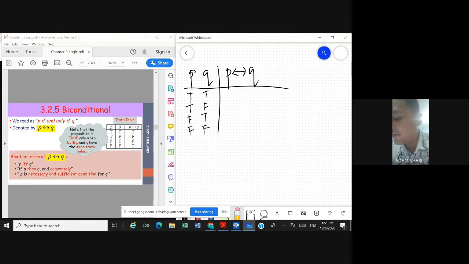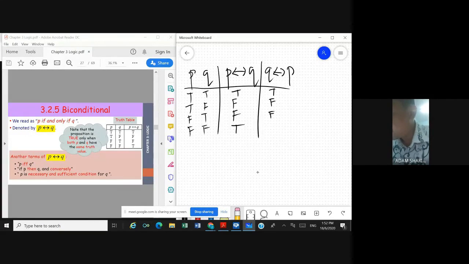For example, the first row, it will be T, and this will be T. F, F, they have the same truth value. Otherwise, false. Very easy. How about Q implies P? Sorry, Q if and only if P. In this manner, it does not change. T, F, F, T.